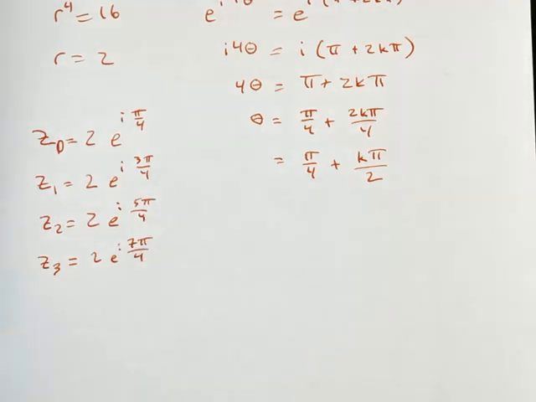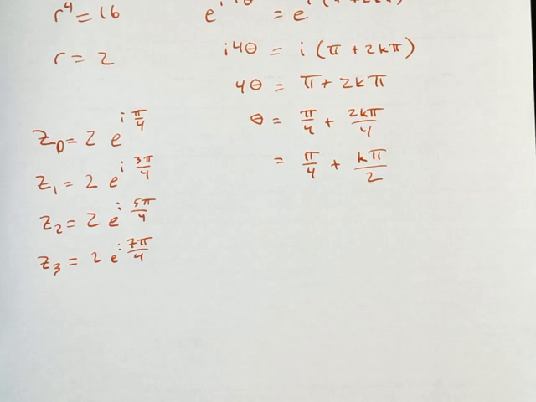Now what happens if we keep picking bigger and bigger k's? The angle would just increase. So my next one would be 9 pi over 4, right? But that 9 pi over 4 is 2 pi bigger than pi over 4, isn't it? So I've hit the same spot again.